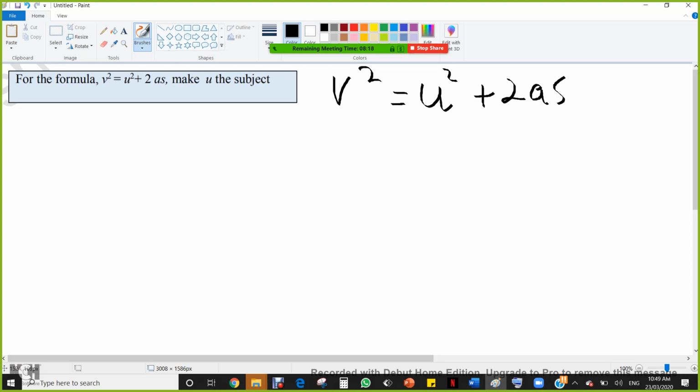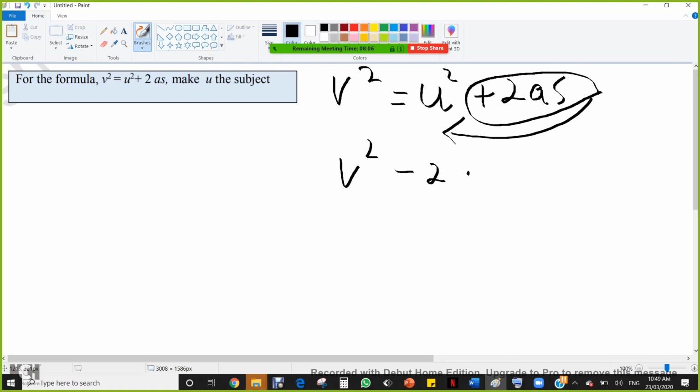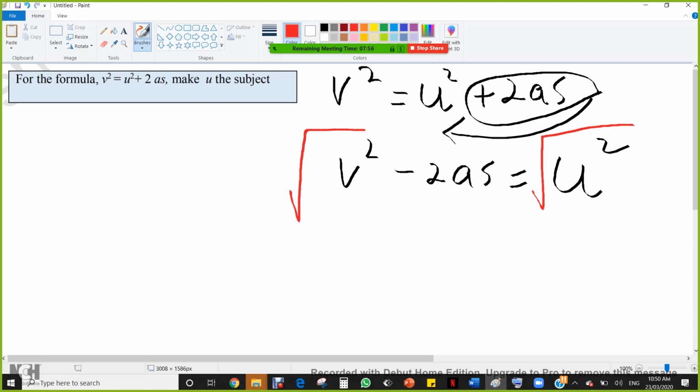We want to make u the subject of the formula, so we're taking this, carrying it across: v squared minus 2as is equal to u squared. But we don't want u squared, we want u. So to get rid of that square, we have to find the square root. What you do on one side, you have to do on the other side.